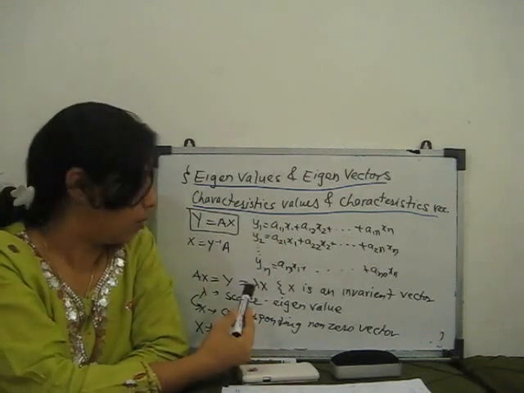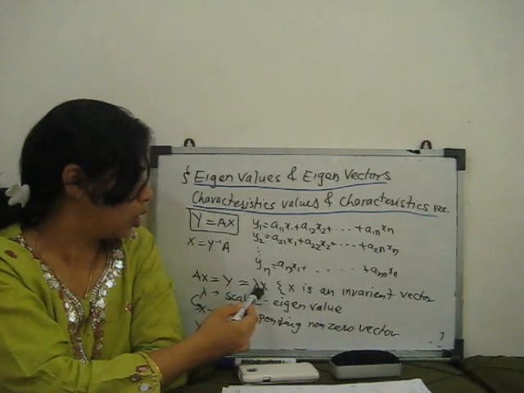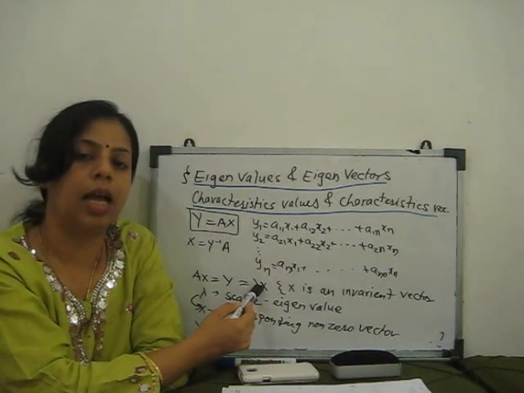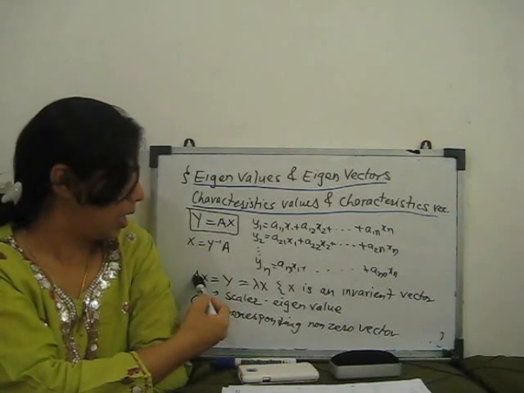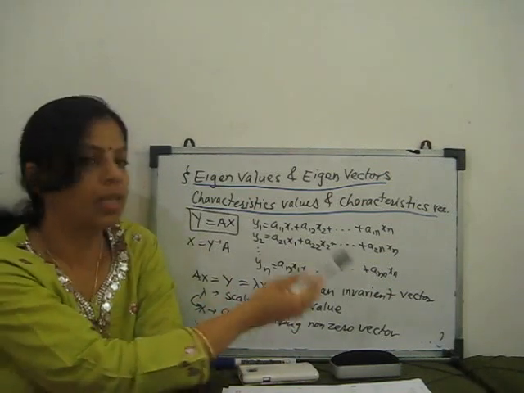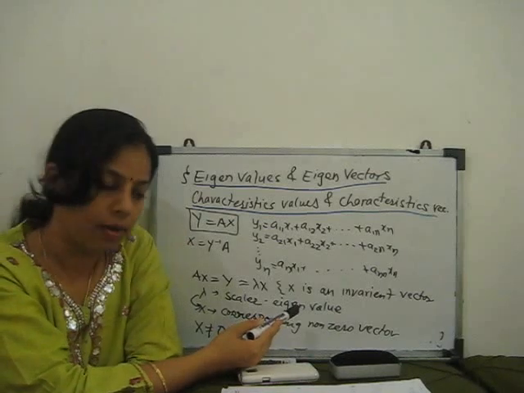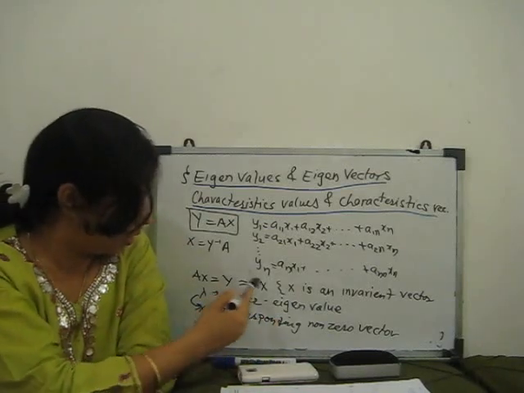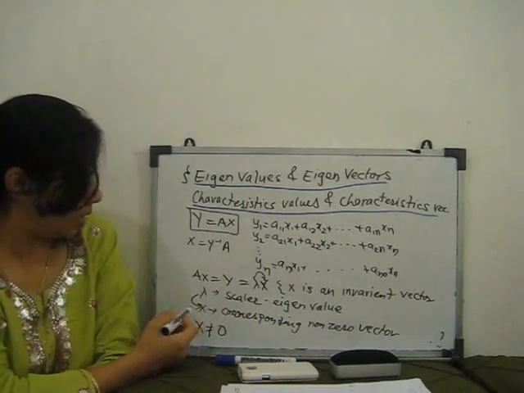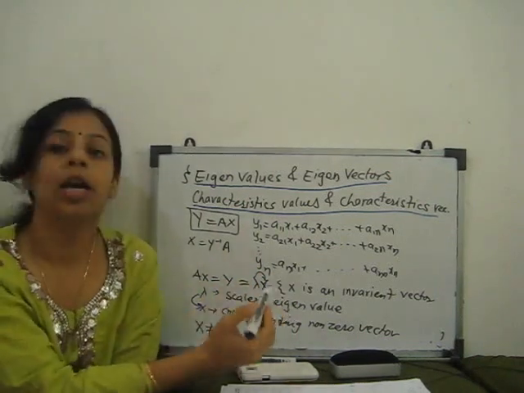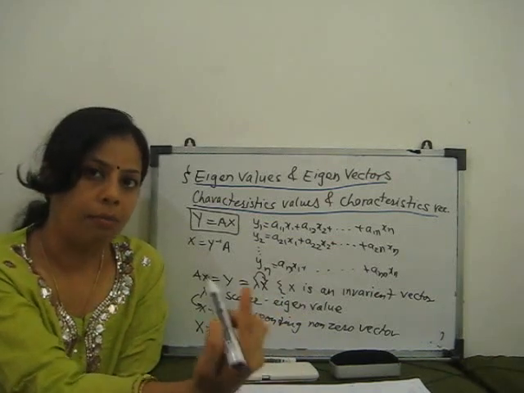Now we have to find one constant or variable, meaning there is more than one constant value which satisfies y equal to lambda x. When we put this lambda, it satisfies the given equation, meaning Ax equal to lambda x. X is an invariant vector, lambda is a scalar called the eigenvalue, and this x is the corresponding non-zero vector for eigenvalue lambda.